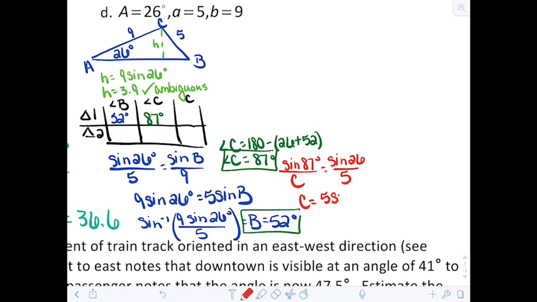So side C will be 5 times the sine of 87 over the sine of 26. And we will have a value of 11.2. Now wait a second.